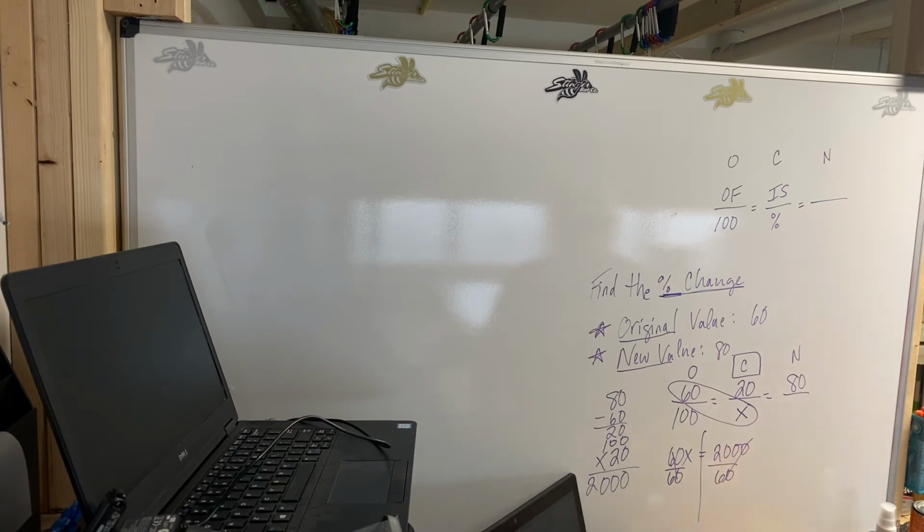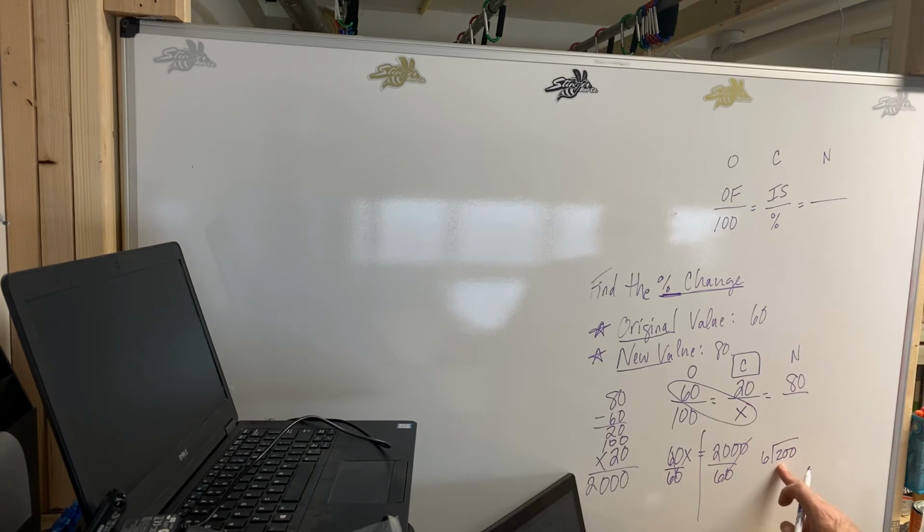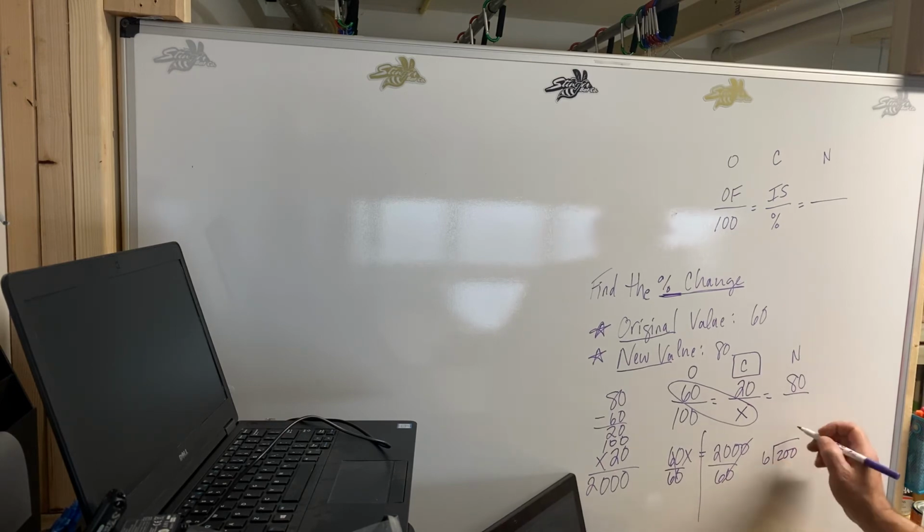Now, I can't do anything else with the rest of the zeros, so use your calculator, or in my instance, I don't have a calculator right here, so I'm just going to set it up. 200 inside the house, 6 outside the house. Does 6 go into 2? No. 6 go into 20? Yes, 3 times. That gives me an 18.